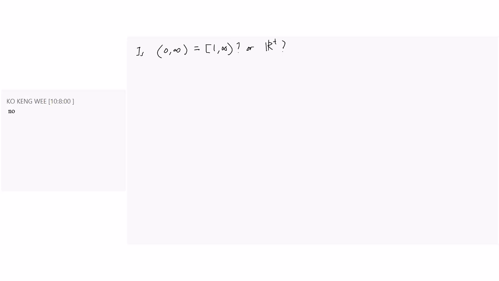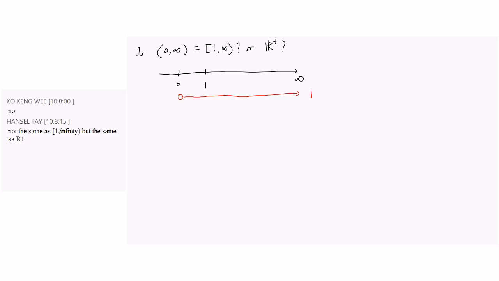You're right, it's not, and it's best that we visualize this on the number line. Let me say R plus is this one.